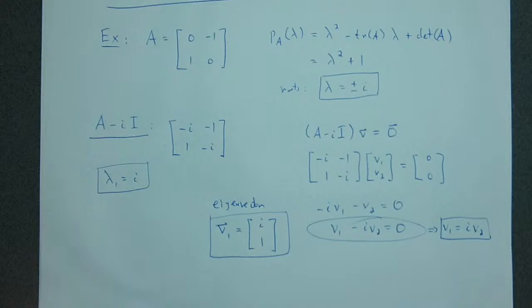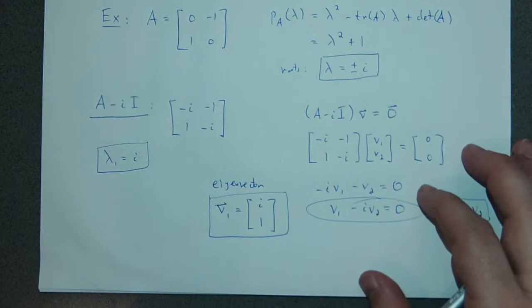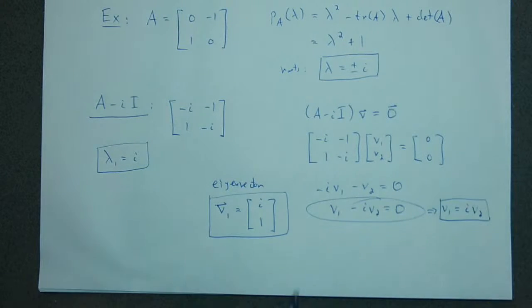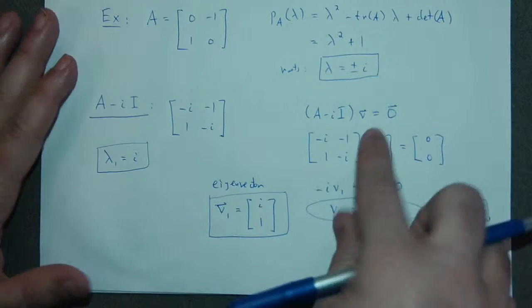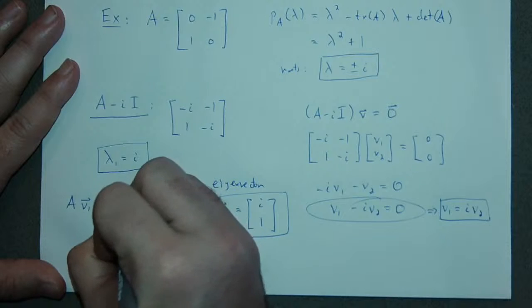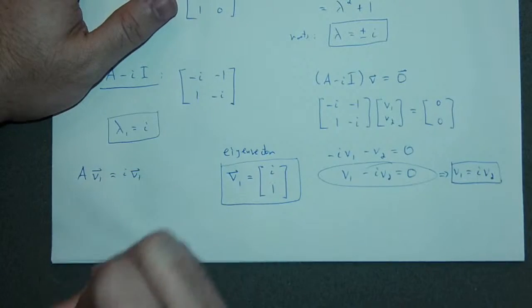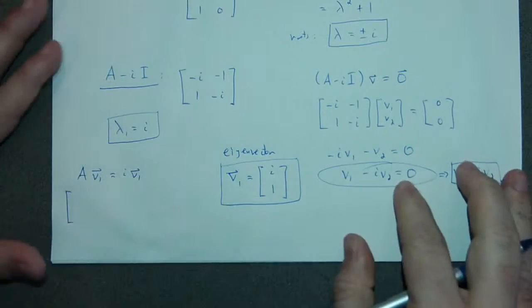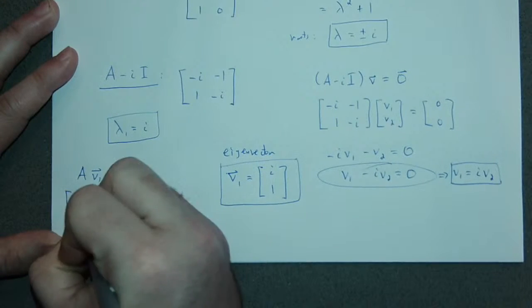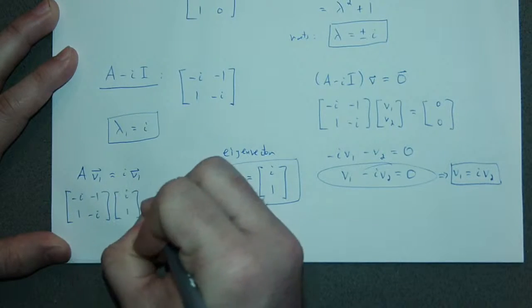All right, let's check that this is the case. How would we check that something is an eigenvector for some specific eigenvalue? I would actually do the multiplication. What I should expect is that A times v1 be equal to i times v1. What is A v1? A v1 is my matrix, 0, minus 1, 1, 0, times v1, which is (i, 1).